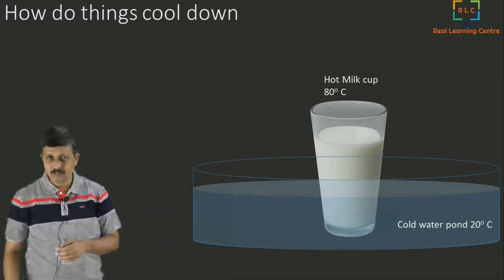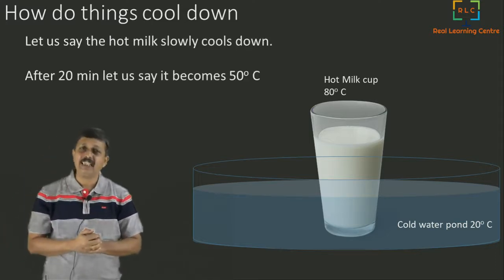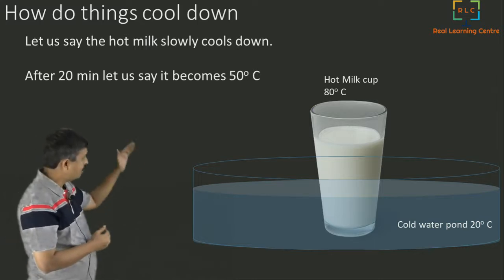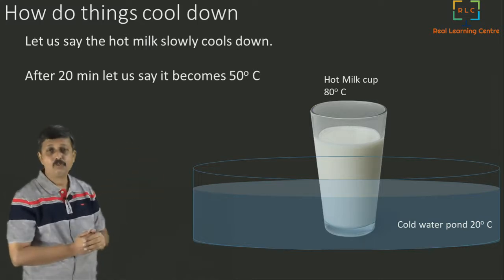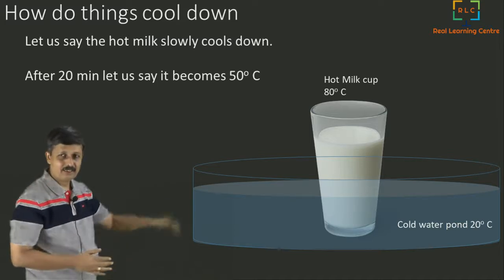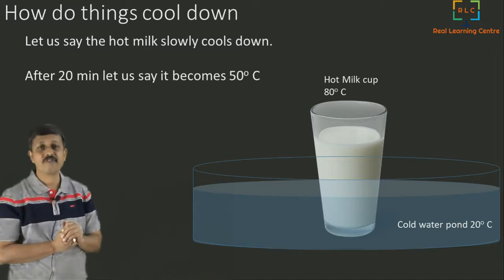Will it cool down very slowly or very fast? What is the rate of cooling? Let us say the milk slowly cools down, and after 20 minutes it will become 50 degrees. I have given a little more time, but actually it can happen faster. Assume that after 20 minutes it will become 50 degrees.